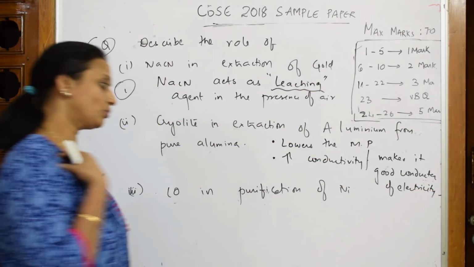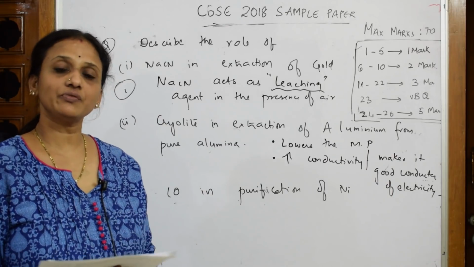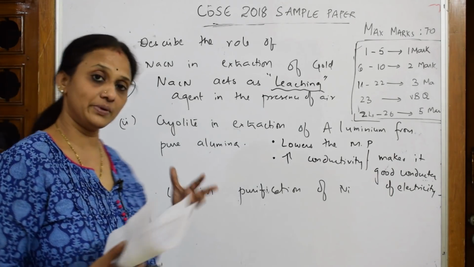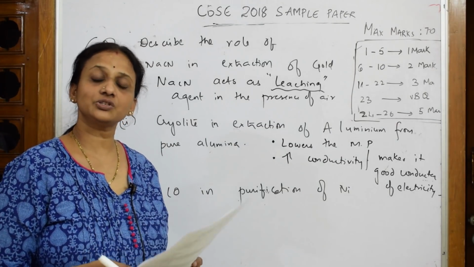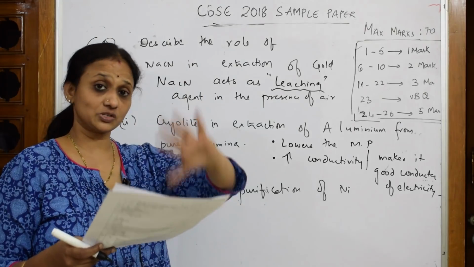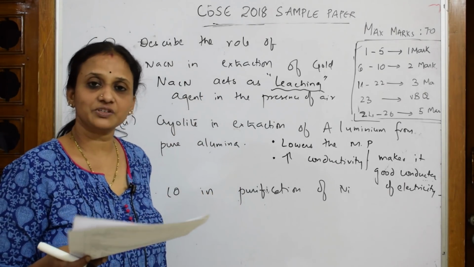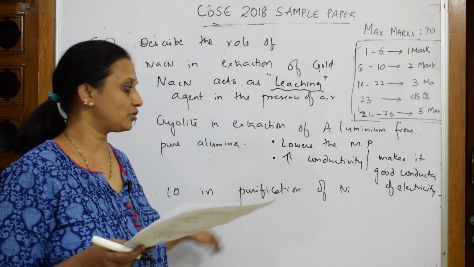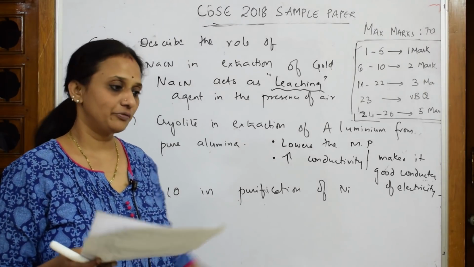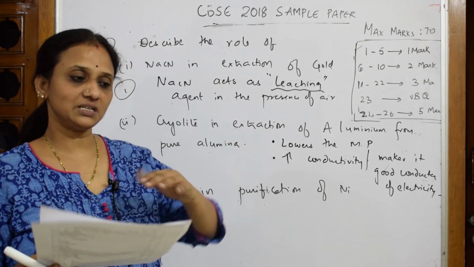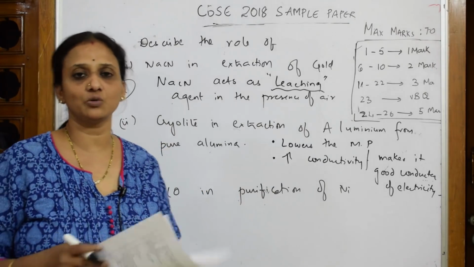Now the role of CO in the purification of nickel. They just gave one sentence. We know the carbonyl group forms a metal complex, so your answer should have the formation of a metal complex, a very important word. You can first write it in words: CO forms a metal complex with nickel. Once the complex is formed, due to its stability, you will get the nickel out of that complex.